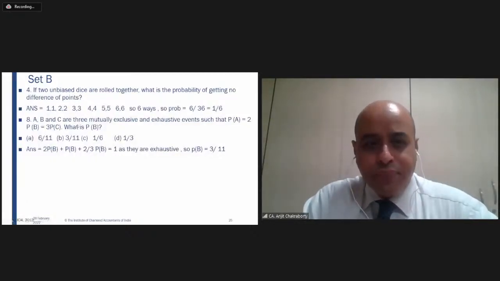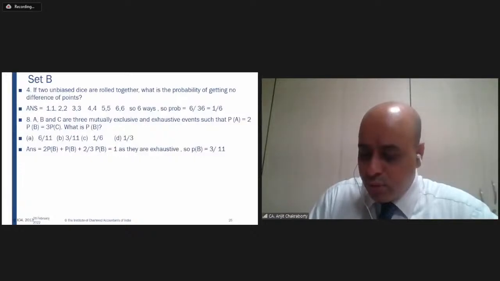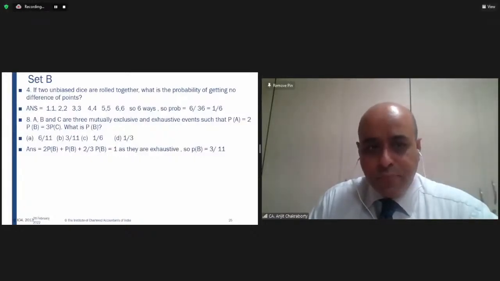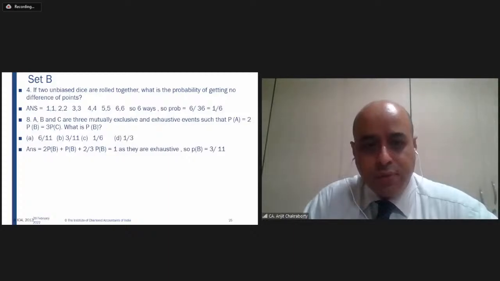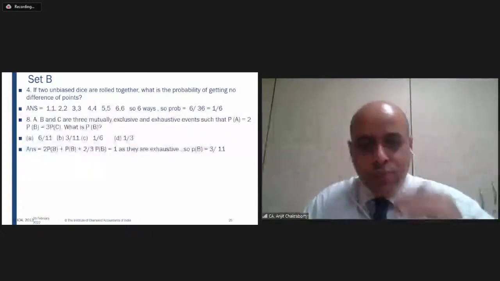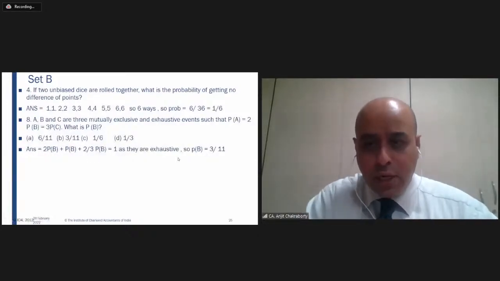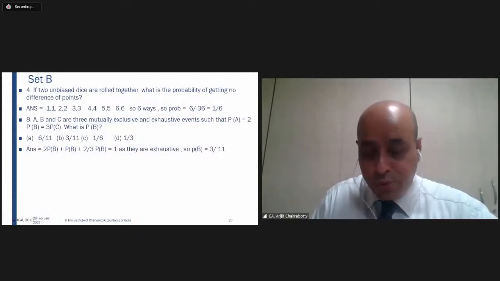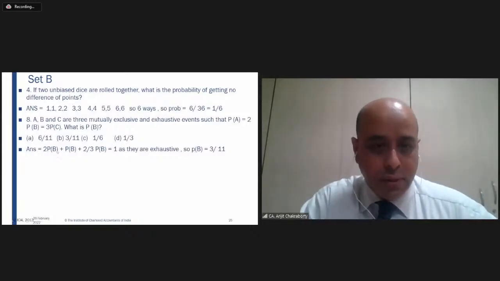So I can write PA is equal to 2 into PB, and it is also given that PA is equal to 3 into PC, 3 times the probability of C. If I convert all of them into probability of B, I can write PA is 2PB, PB as it is, and for probability C, the relation given is 2 into probability of B is equal to 3 into probability of C. So I can write probability of C is equal to 2/3 into probability of B.